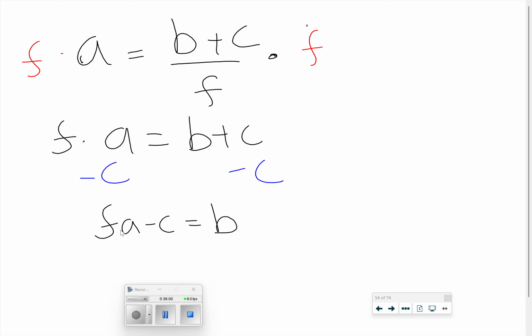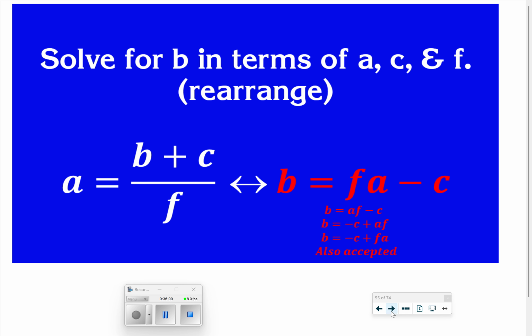So I get F times A, or FA, minus C, equals B, and this is my answer. You could also have it in a different order: A times F minus C, or negative C plus AF, and so on.